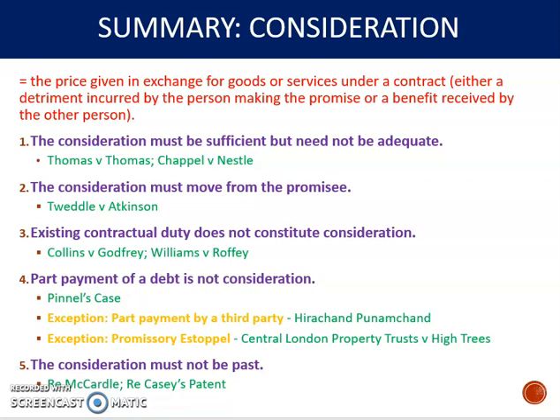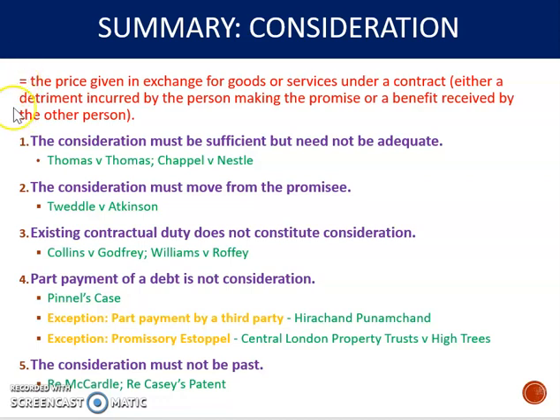Consideration is the price given in exchange for goods or services under a contract or a promise to do or not to do something in return. The price is usually money, but it can be anything that has value. And consideration of value is required to make the contract legally binding and must be given by the contractual party. It can't be given by a third party.